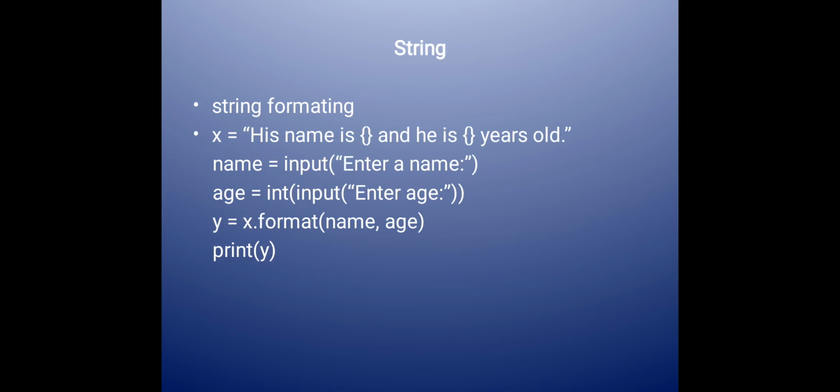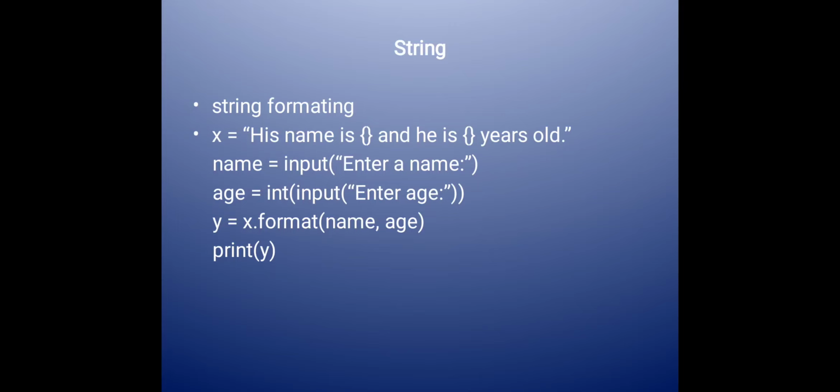Then another way of string formatting, that is x is equal to his name is a placeholder and he is a placeholder years old. Then I have used here two variables name and age, but I have used an input function here. That means to accept the input from the user. That means name is equal to input, enter a name.